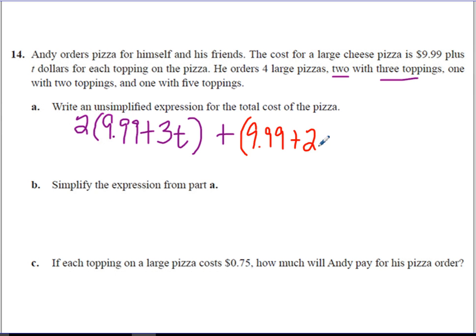So 2 toppings times T toppings each. And then our final pizza, it says this one has 5 toppings. So we have $9.99 plus 5 toppings.